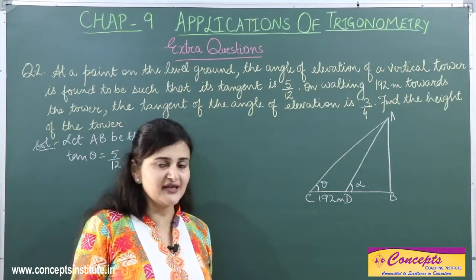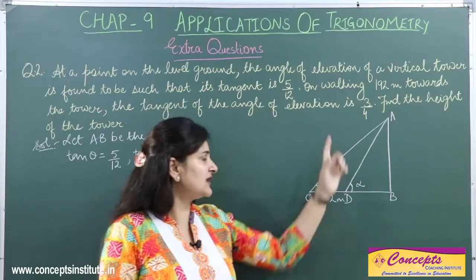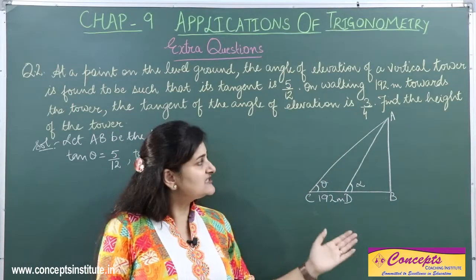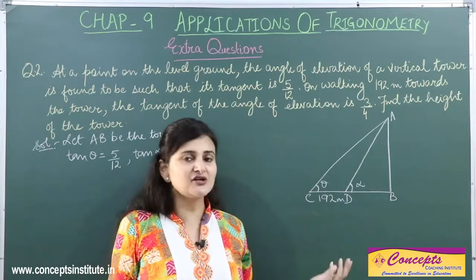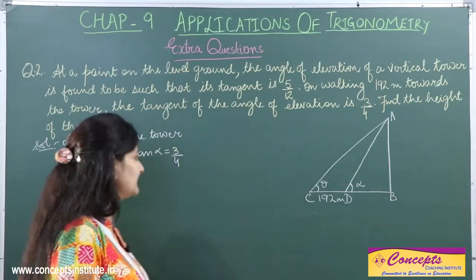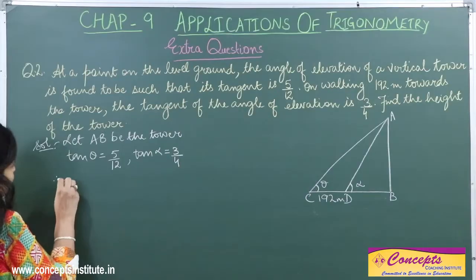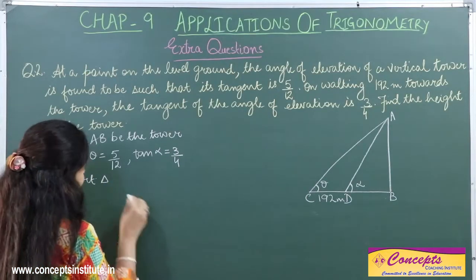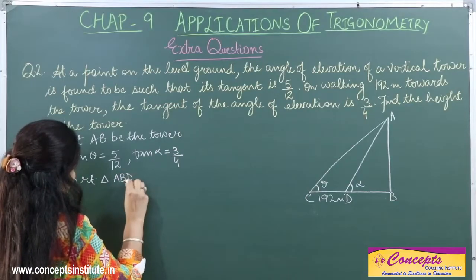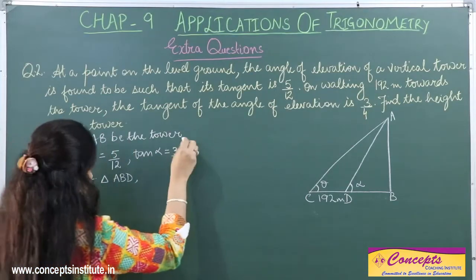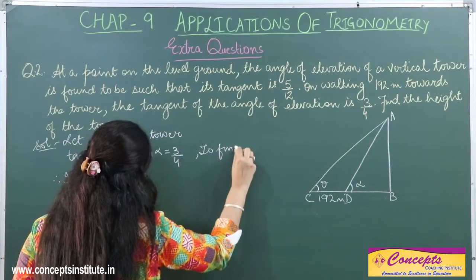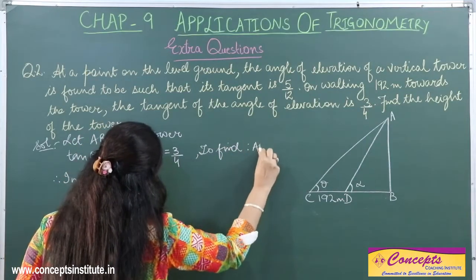We have to find out AB. Now as you can see, I have two right triangles ABD and ABC, and AB is the common link. So let's find out the value of AB from both the triangles, equate it, and then we'll see where do we reach. So in right triangle ABD, okay students, let AB be the tower, and here also we have to find AB.